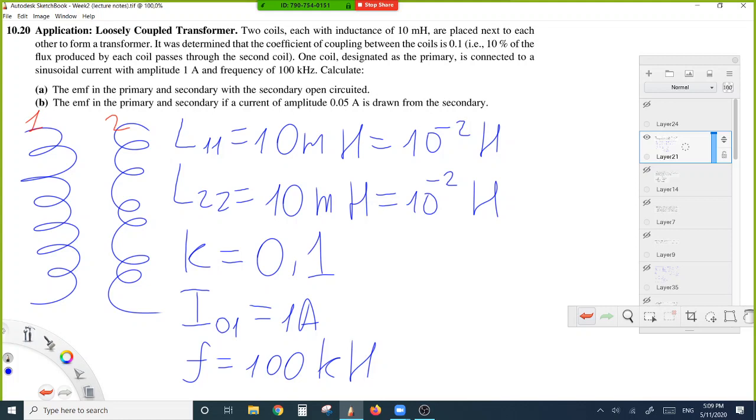I01 is 1 ampere in SI units, and 100 kilohertz in SI units will be 10 to the power of 3 plus 2, 10 to the power of 5 hertz. Sorry, I made a mistake here; it should be kilohertz, and this is 10 to the power of 5 hertz.